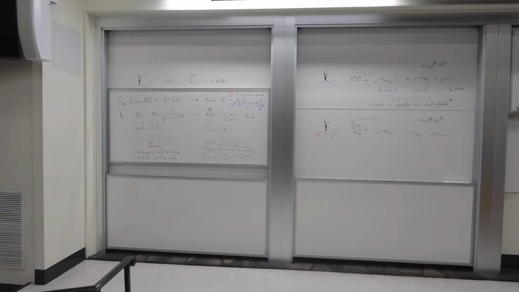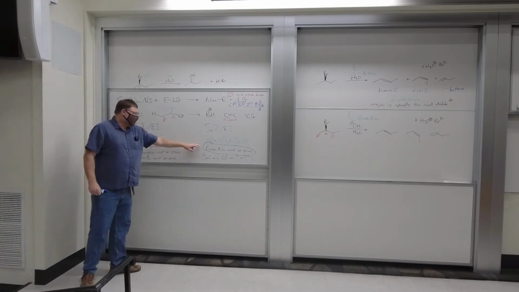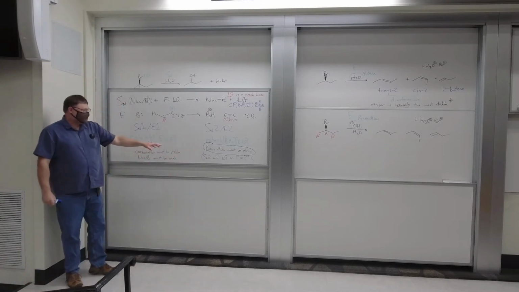I tend to use strong base and good nucleophile. There are molecules that are good nucleophiles without being particularly strong bases. But generally speaking, anything that's a strong base is going to be a good nucleophile, and the stronger the base, the better the nucleophile. That's really the one difference. Everything else pretty much stays the same.